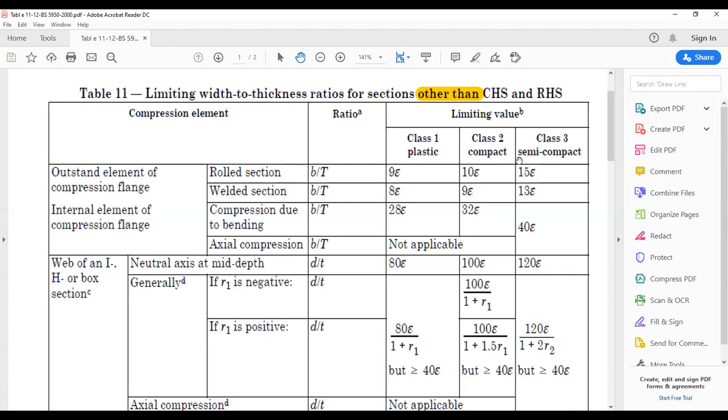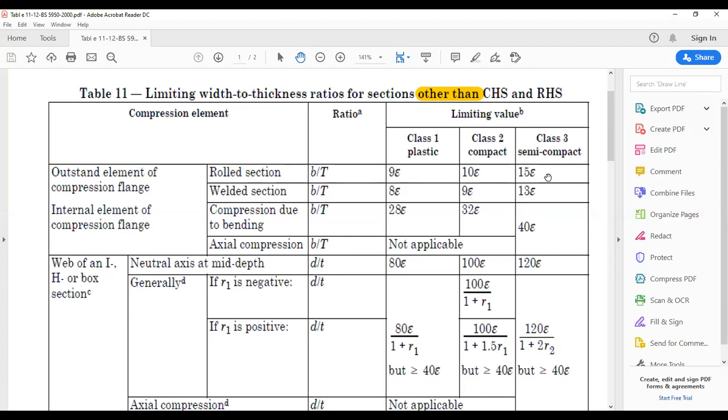And if you find your section with respect to its flange, when we consider the rolled section, if we find the ratio between B and T is greater than 15 multiplied by epsilon, then your section will neither be plastic, compact, nor semi-compact.